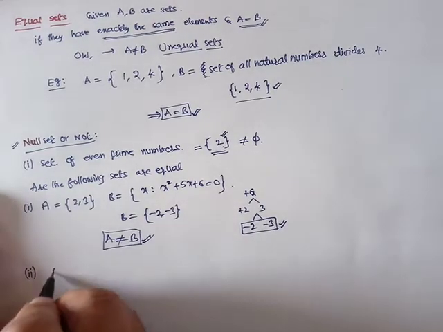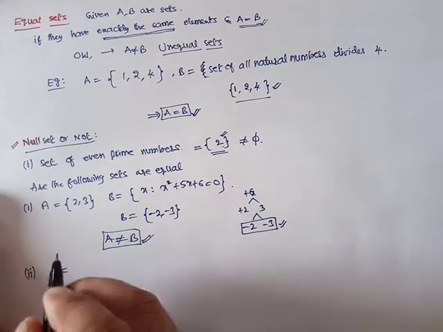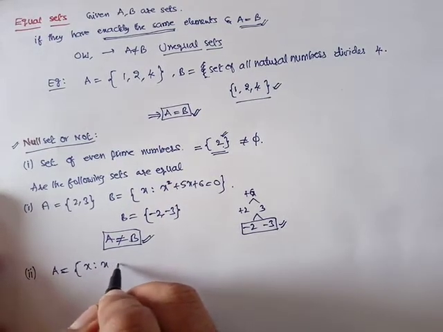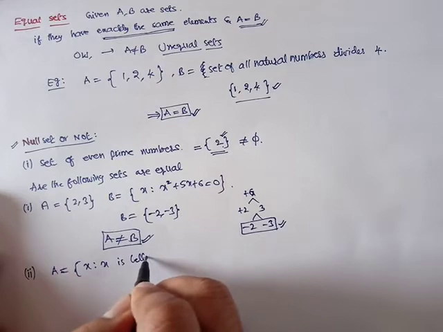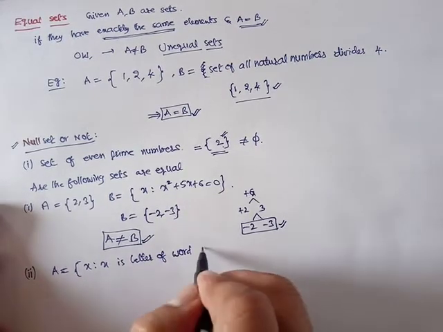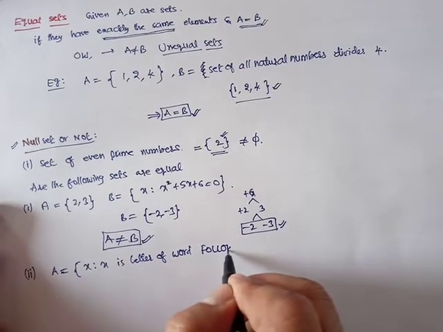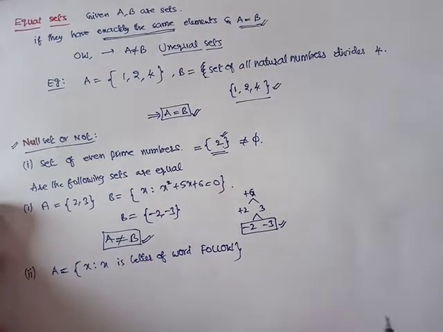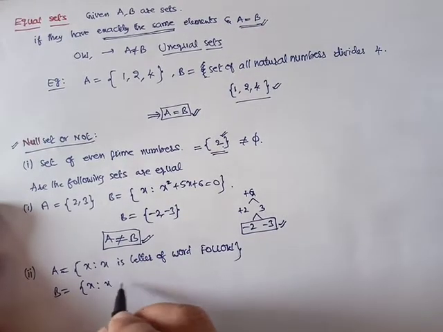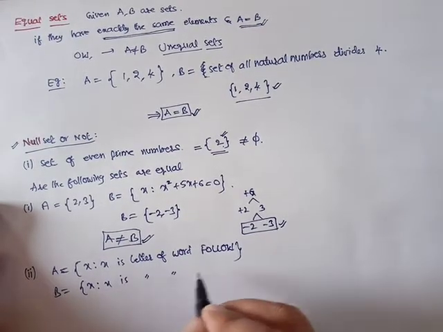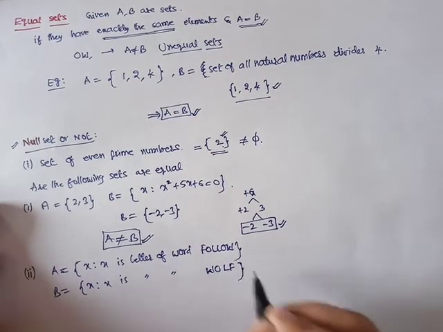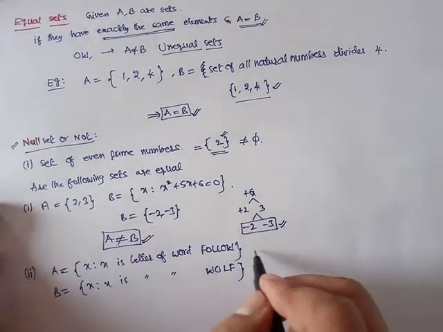Considering the second question, A is the set of x such that x is a letter of the word follow, and B is the set of x such that x is a letter of the word wolf. Now we will write these as sets.